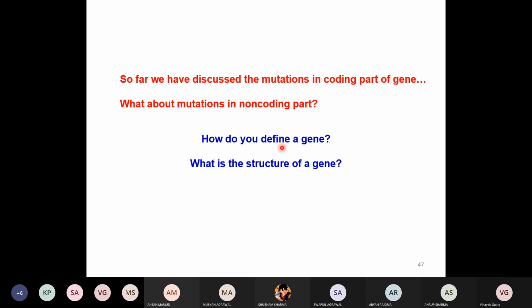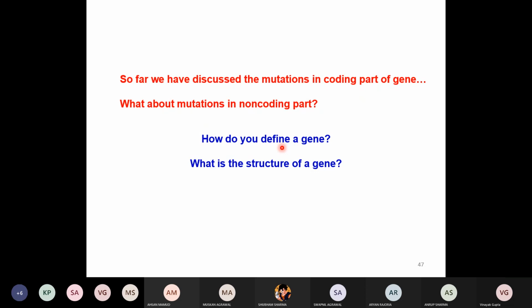That is the oldest definition of a gene. Gene is a segment of DNA that is responsible for a particular phenotype, or like what you are saying, that is the second definition which came into existence, that genes are fragments of DNA which are going to code for a protein.